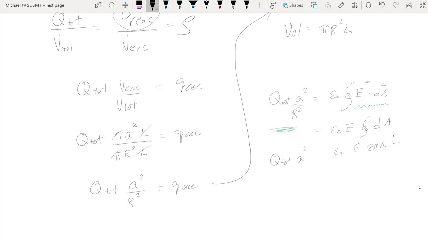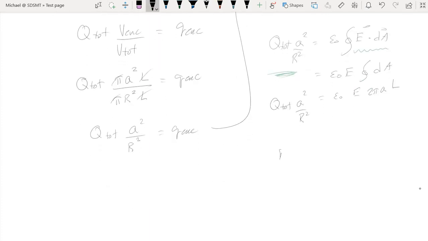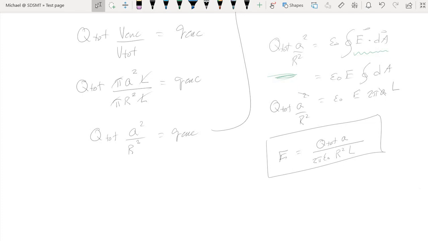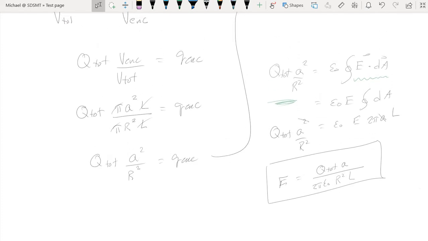And we have Q total, A squared, R squared. We rearrange for E, we get Q total. We're going to lose an A on either side. And what we're left with here, let's see, we have 2 pi epsilon R squared L. We still have an A in the top there. So that is the electric field inside of our uniformly charged insulating cylinder.